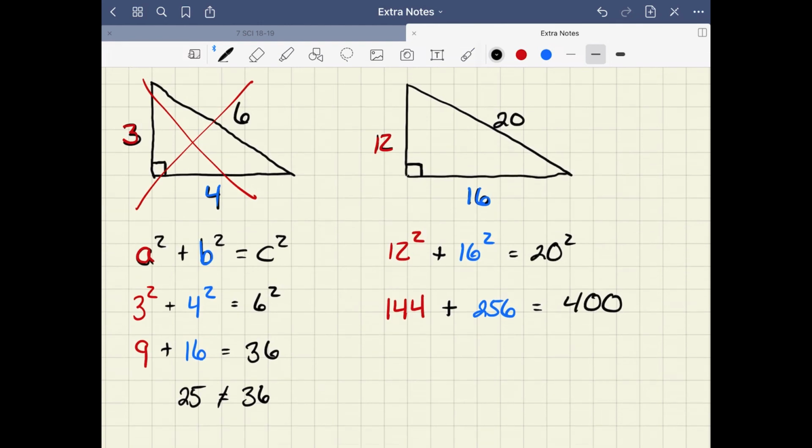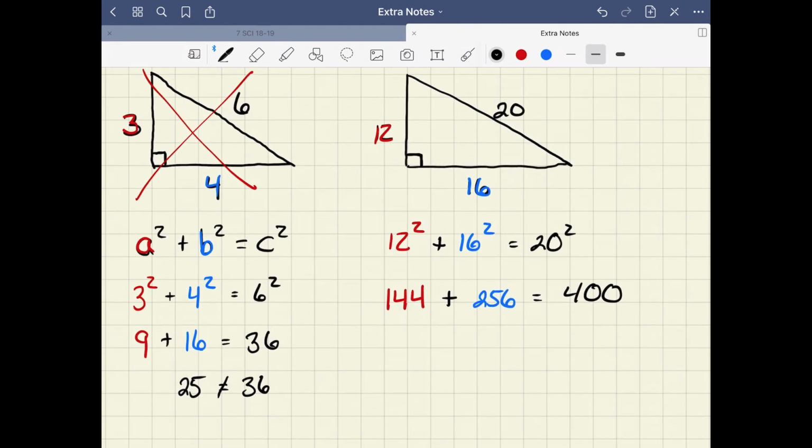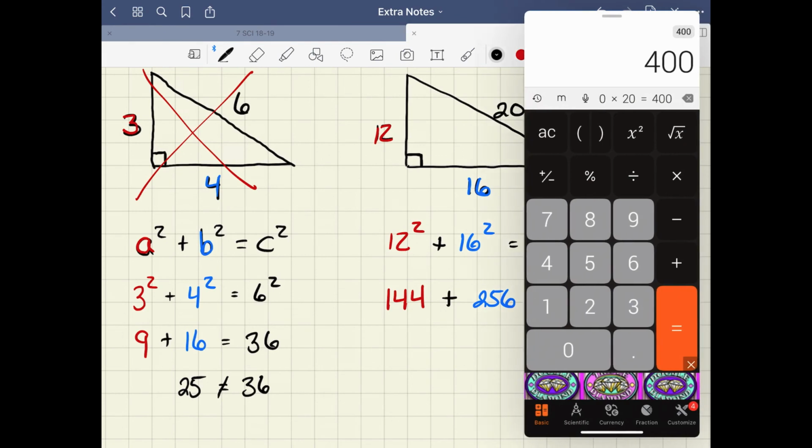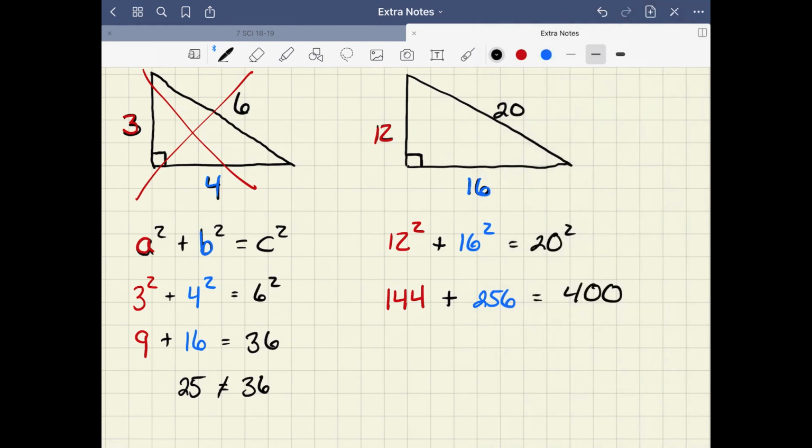Now, when we add up 144 and 256, I'm going to use the calculator here because I want you to see this. 144 plus 256 equals 400. So we get 400 equals 400. And so therefore, this is indeed a right triangle.